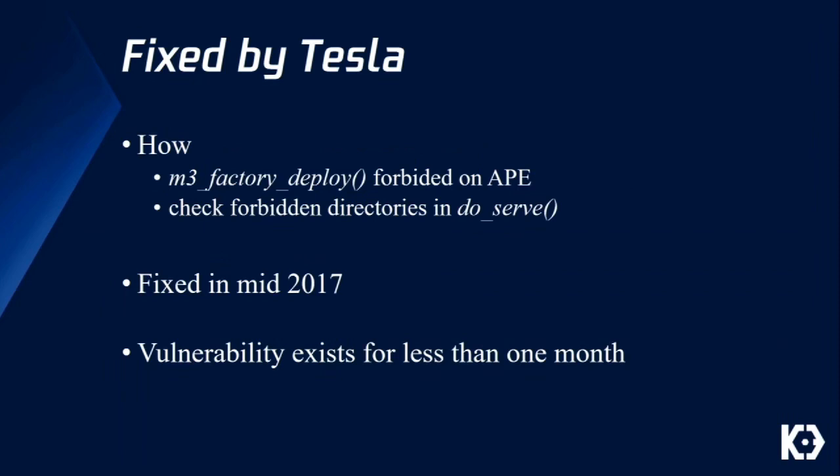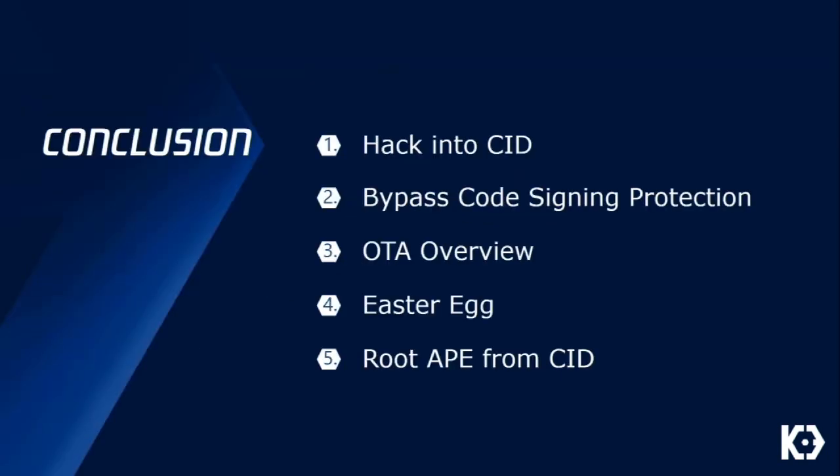Tesla fixed this vulnerability by forbidding function M3 factory deploy from running on APE and adding a check of forbidden directories in function do serve. This vulnerability was fixed in mid 2017, and it existed for less than 1 month.